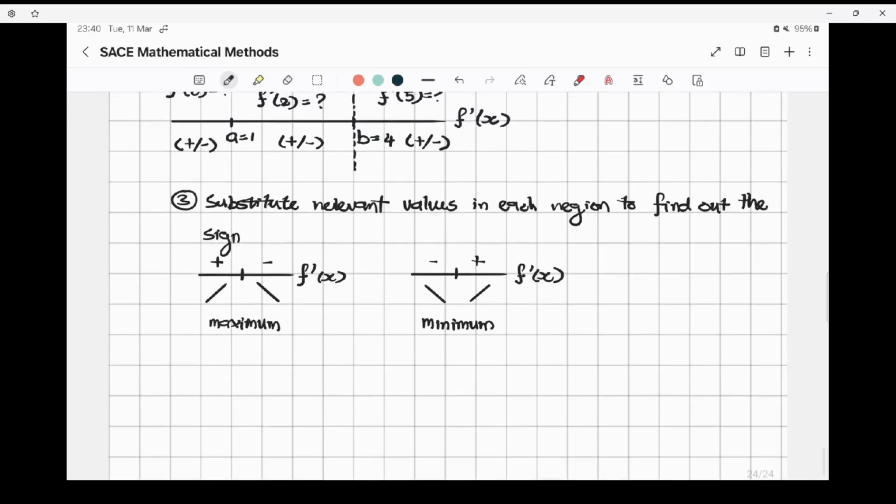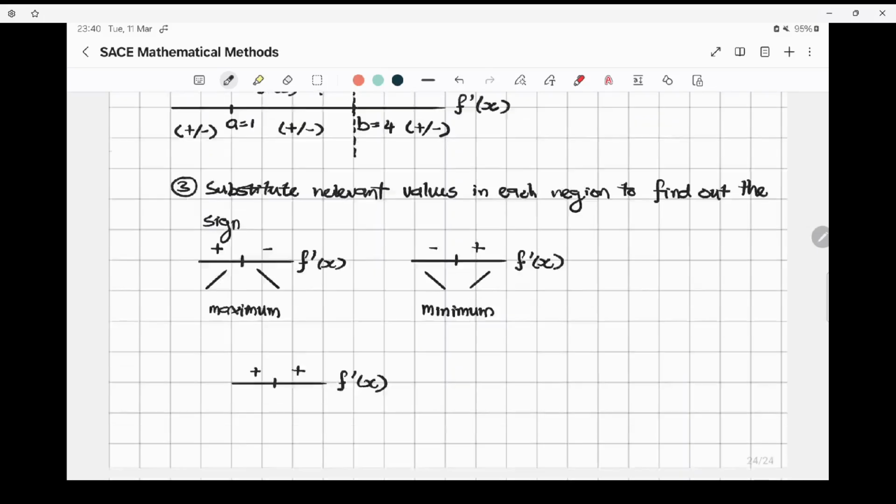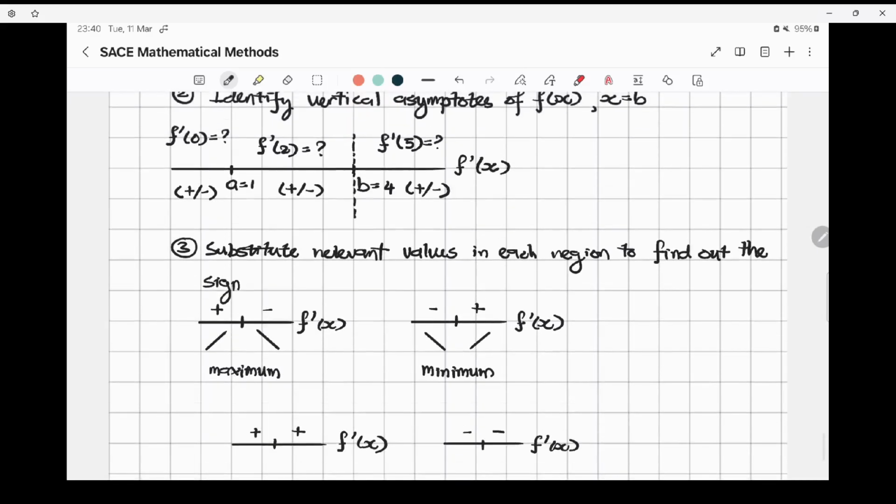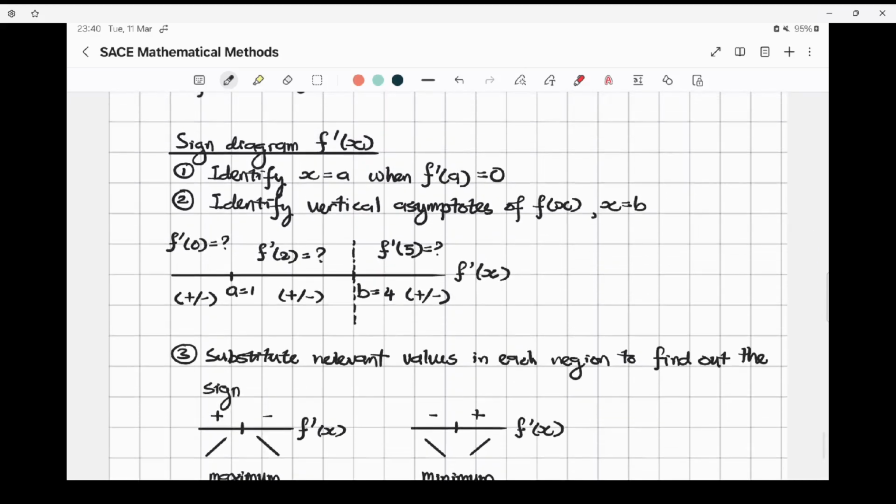So for point of inflection, you can either have plus plus or minus minus.